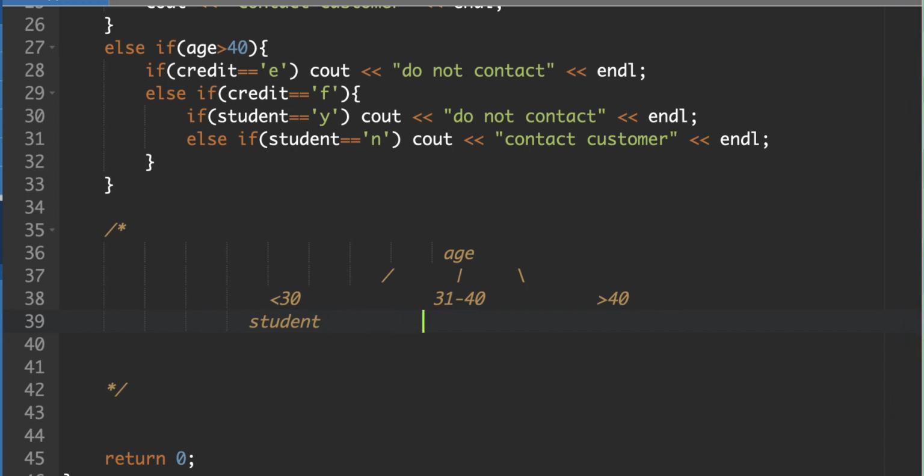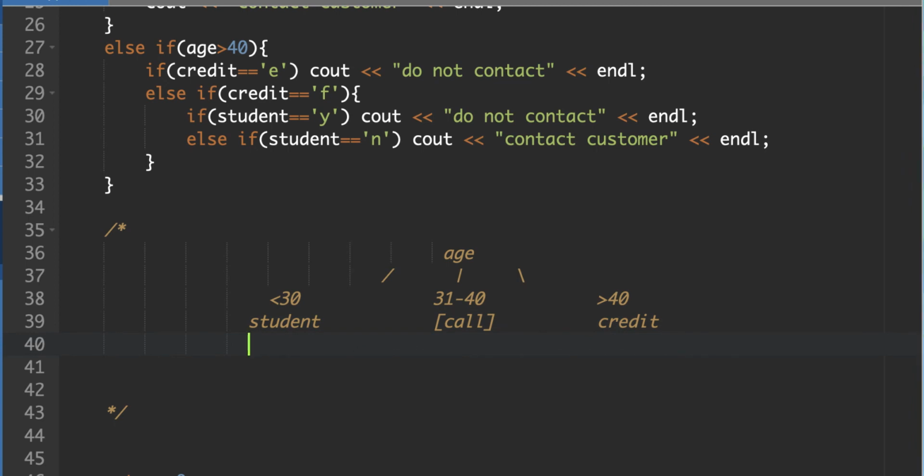Now, if they are 31 to 40, this is an automatic call. So I will say call if they are in this range. Now, if they are over 40, the decision is based on their credit.